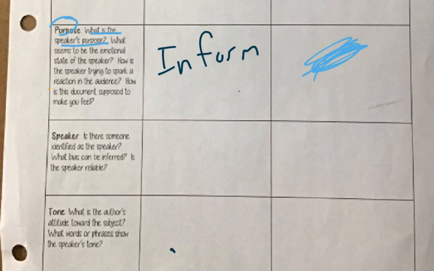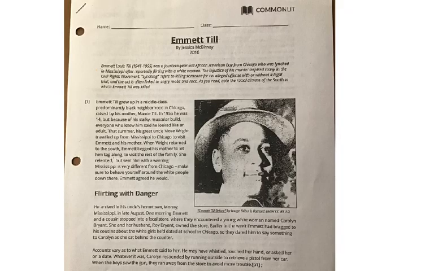So we have to go and find some evidence that we can highlight blue in the article that shows she's trying to help us understand just how bad it was in the South, and that's why Emmett was murdered. That is her purpose, to inform us about this.